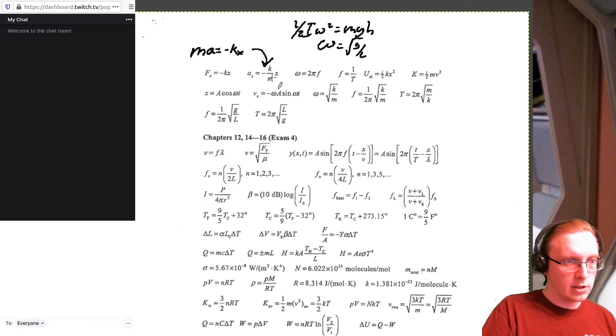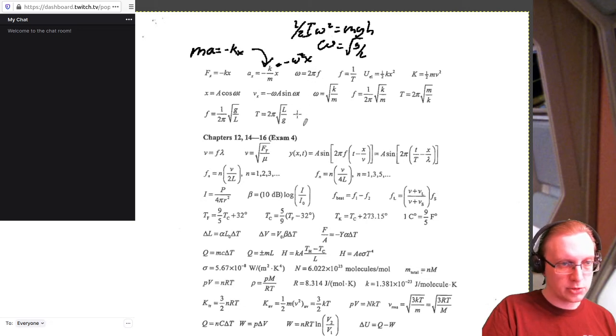Given this equation, you can find the a of x from this bit here, being negative omega times this answer here, negative omega squared. You can see the k on m here and the square root of k on m here, so this is the same as minus omega squared x.